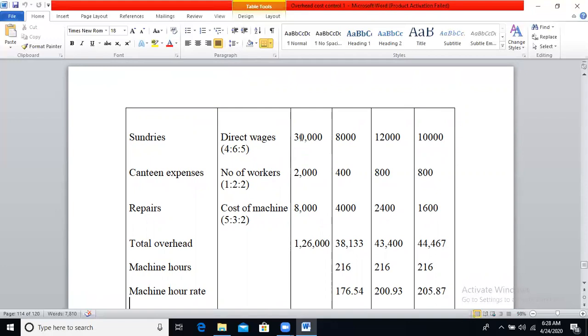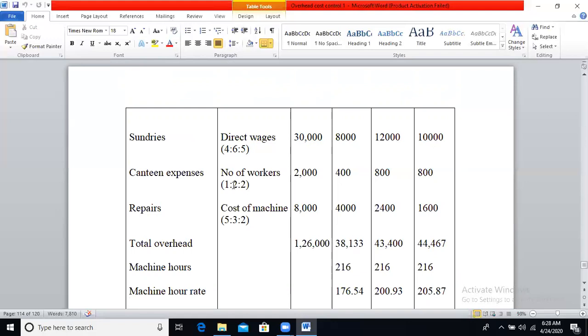The total value of sundry expenses will be 30,000. For machine X, 30,000 into 4 divided by 15, you will get 8,000. For machine Y, 30,000 into 6 divided by 15, you will get 12,000. For machine Z, 30,000 into 5 divided by 15, you will get 10,000.